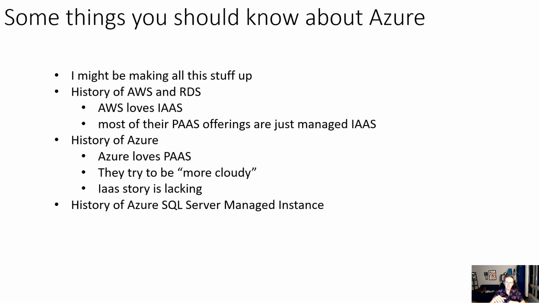So AWS's first services, when it was brand new, were all IaaS. They were all VMs. So they had AWS S3 and AWS EC2, and those were the very first things that they released. And like I said, it was all IaaS services.